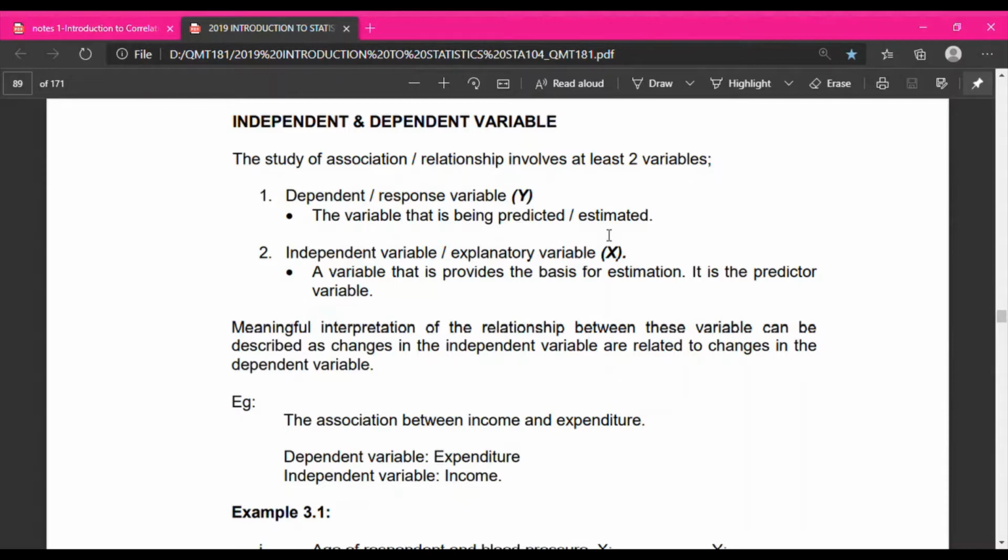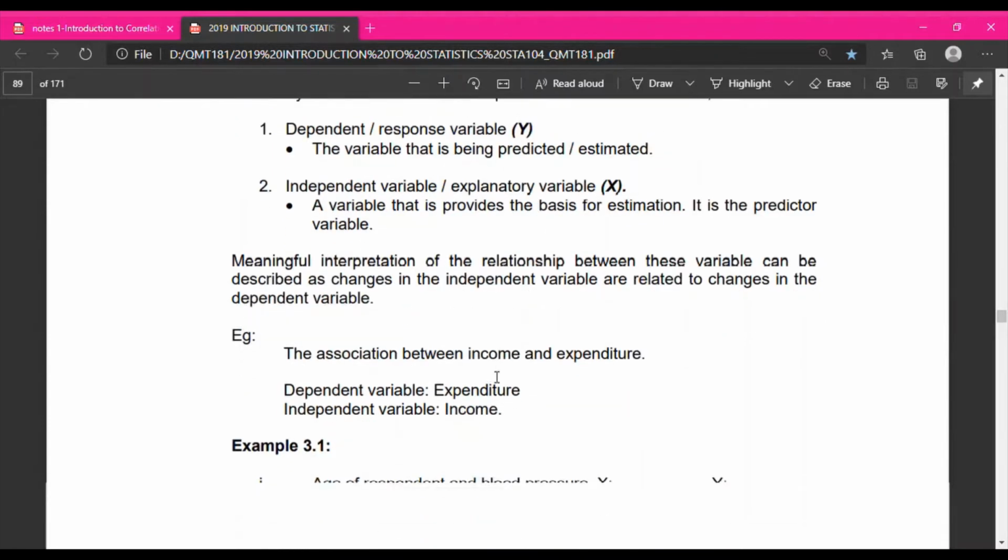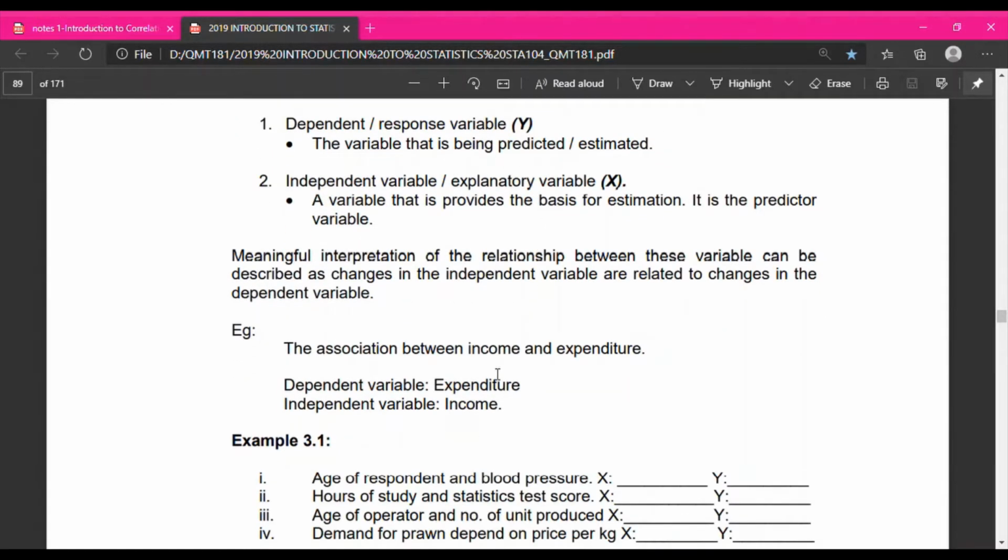Okay, so waktu you nak buat regression analysis ataupun nak tengok the relationship between two variables, you need to know first which one is your dependent variable and which one is independent variable. Okay, so you kena tahu betul-betul lah how to determine the y and the x. Saya baca sikit kat sini, dia kata meaningful interpretation of the relationship between this variable can be described as changes in the independent variable are related to the changes in the dependent variable.